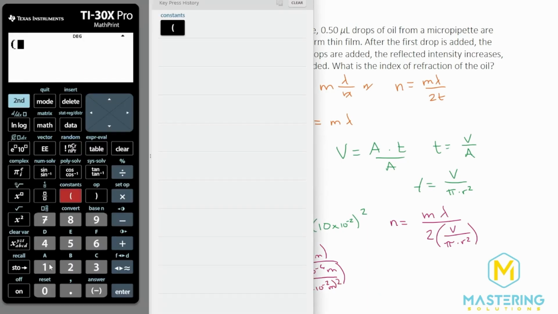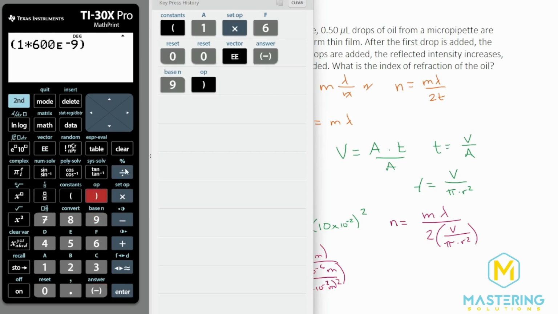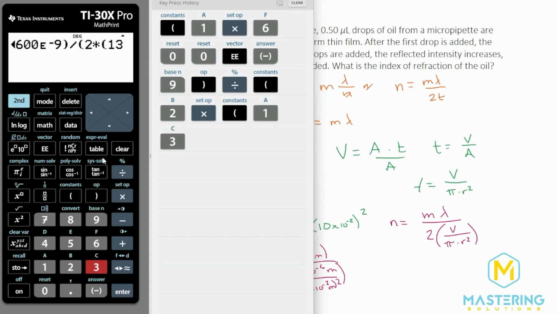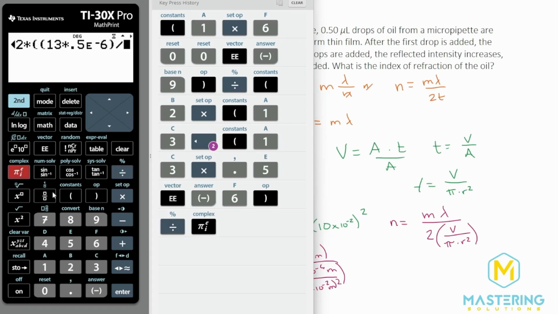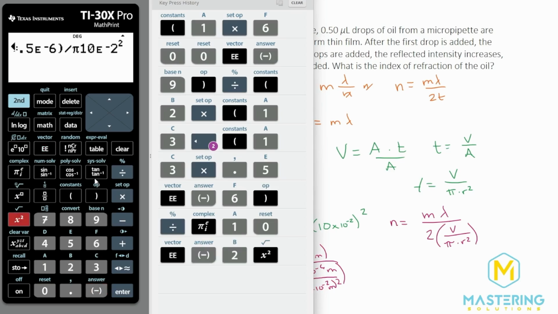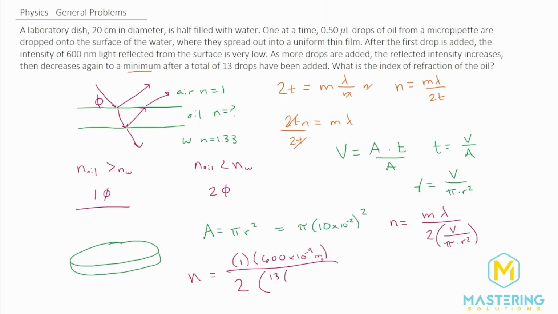Okay, so we have 1 times 600 times 10 to the negative 9, and then we're dividing all of that by 2 times 13 times 0.5 times 10 to the negative 6, and that's divided by pi times the radius, or 10 times 10 to the negative 2 squared. Okay, so now we'll be multiplying that by the volume per one drop.